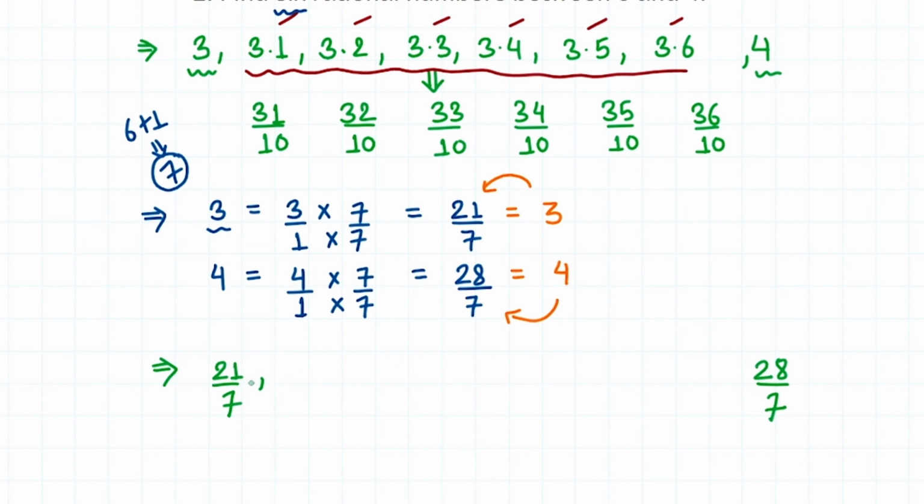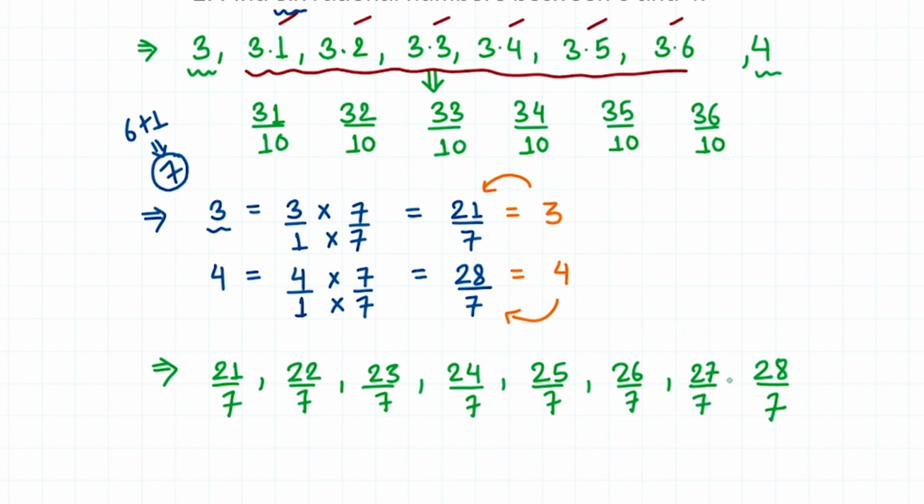So we have 21 divided by 7. Our next number is 22 divided by 7, our next number will be 23 divided by 7. And if you go on like this, we're going to get 24 divided by 7, 25 divided by 7, 26 divided by 7, and then finally we have 27 divided by 7, okay?